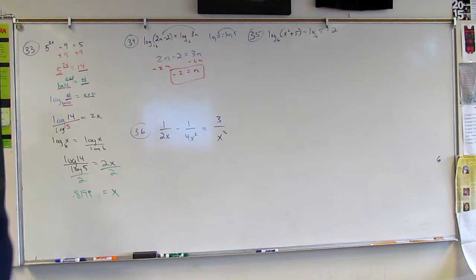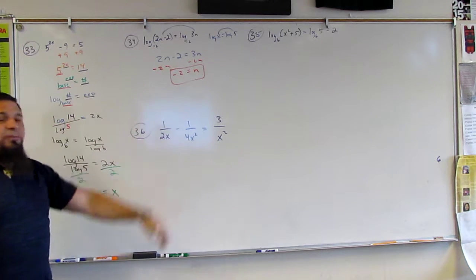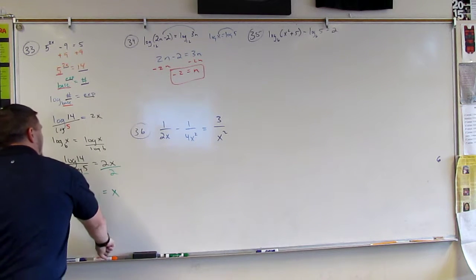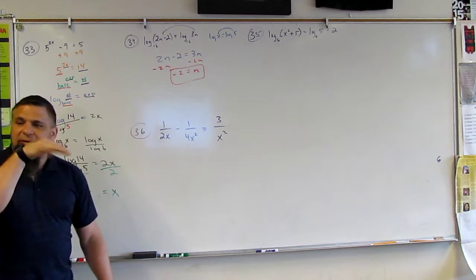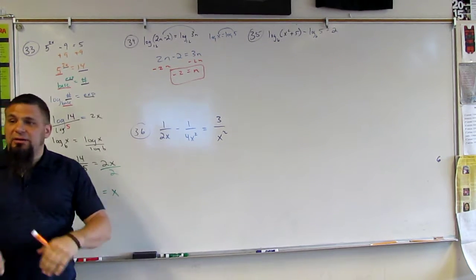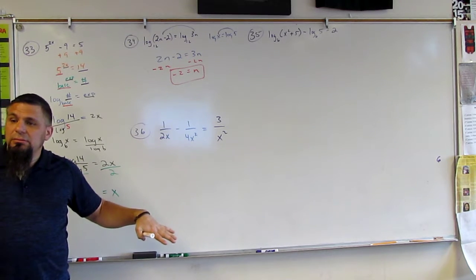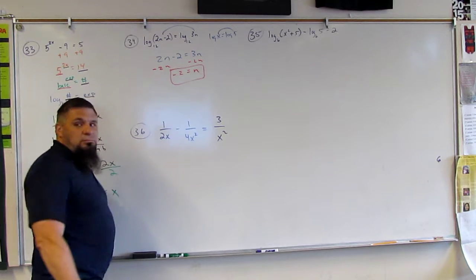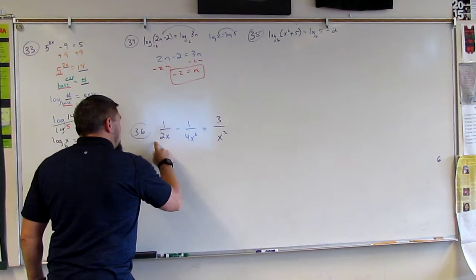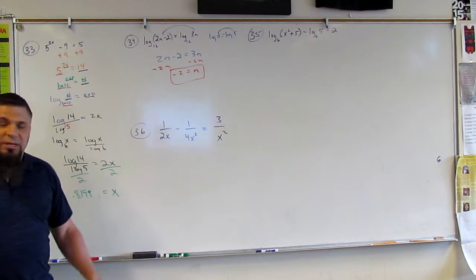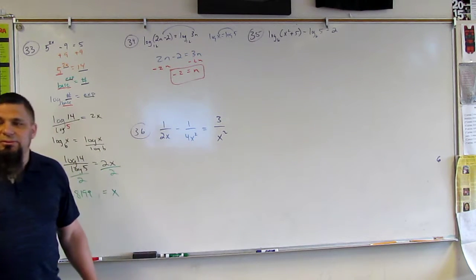Now I'm going to do 36 before I do 35 just because it's easy. Alright, here we go. I want to get rid of the denominators, so I multiply by a denominator that's common. What's common in all of them? X or 2 wouldn't work: the x wouldn't get rid of the x squared, and the 2 isn't going to get rid of the 4.